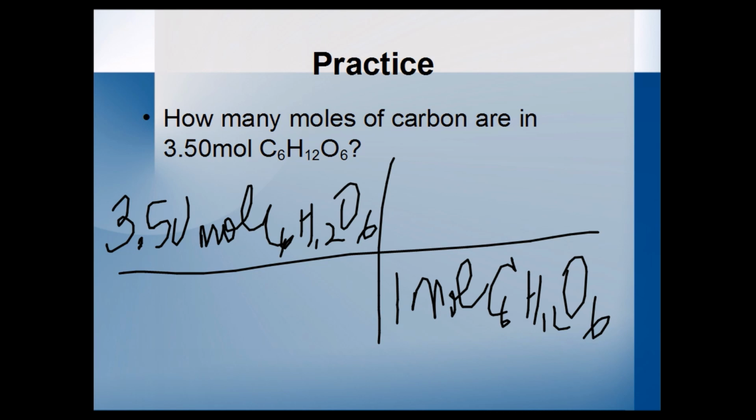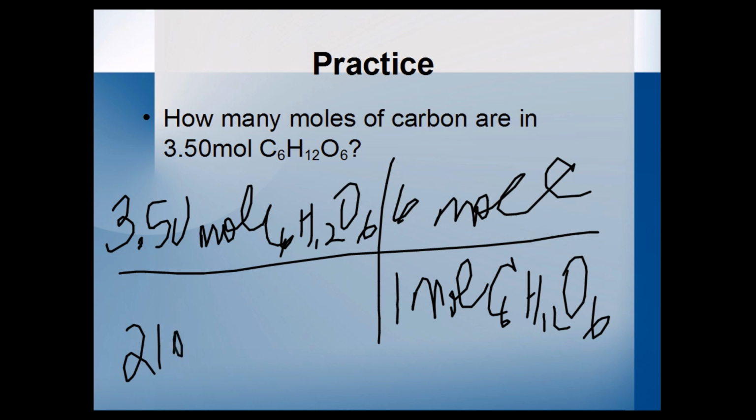I don't know why that's the abbreviation, but that is the abbreviation. So in 1 mole of the stuff, there's 6 moles of carbon. So it's 3.5 times 6. Just double checking now on my calculator, that's 21. So for significant figures here, that's 21.0 moles of carbon.